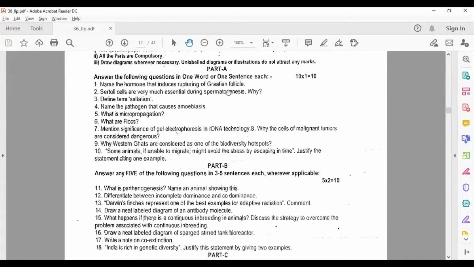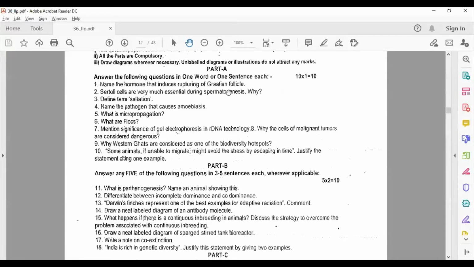The second question is also from the 3rd chapter. The third question is asked from the last unit, the ecosystem. Name the pathogen that causes amoebiasis is asked from the 3rd unit, human health and diseases. Then, what is micropropagation, asked from the chapter biotechnology.